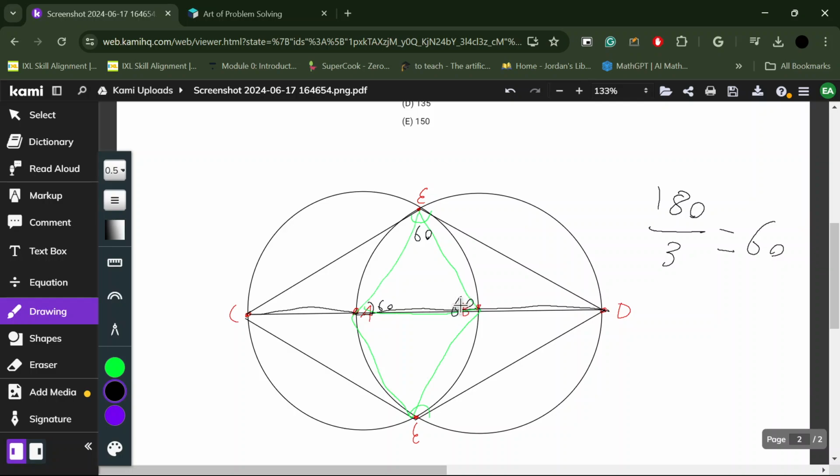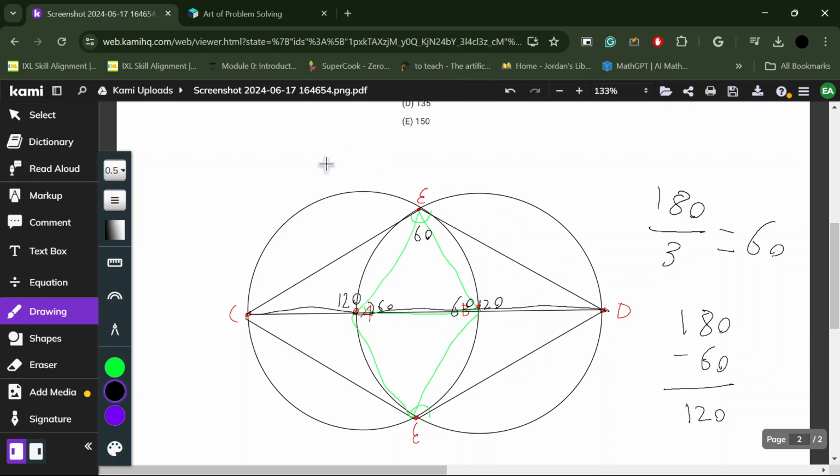And since we know this is 60, we can do some simple subtraction. 180 minus 60, and you get 120. Therefore, we know that this angle is 120, so is this angle, right? Because these are equivalent triangles. This and this are both equal.